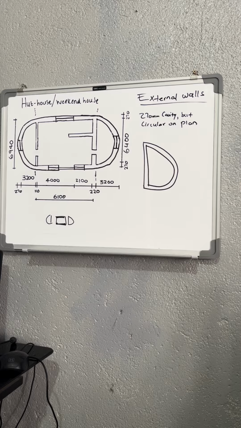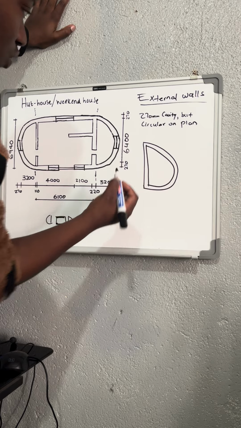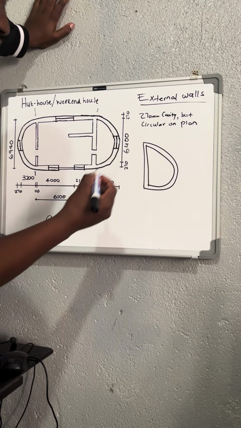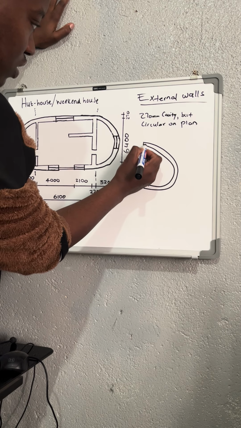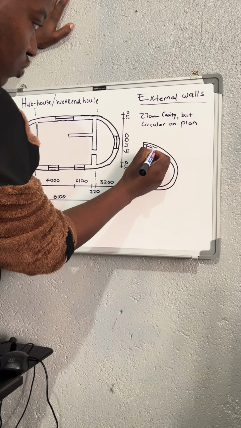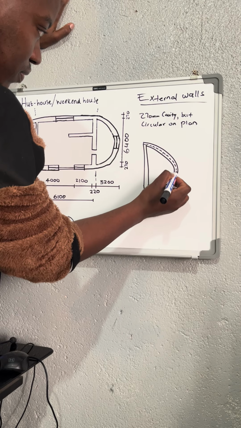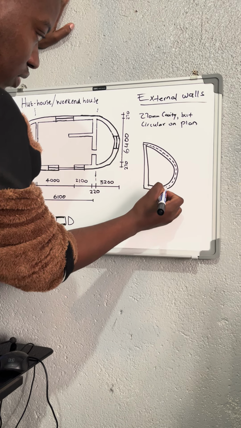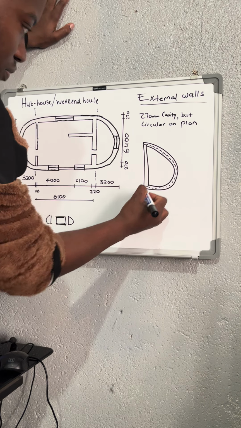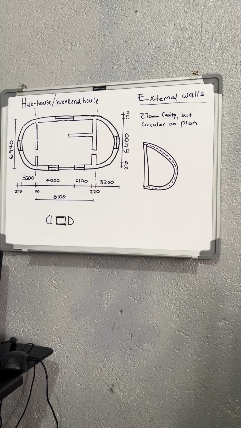Basically, with the external walls, when trying to calculate the brickwork, they are trying to look for the center line. So you would agree that the center line for brickwork is going to be moving in the middle of our block work.